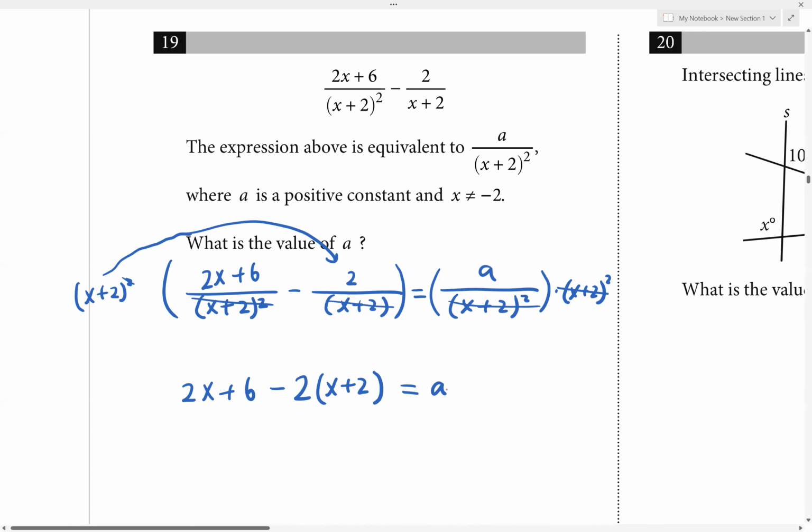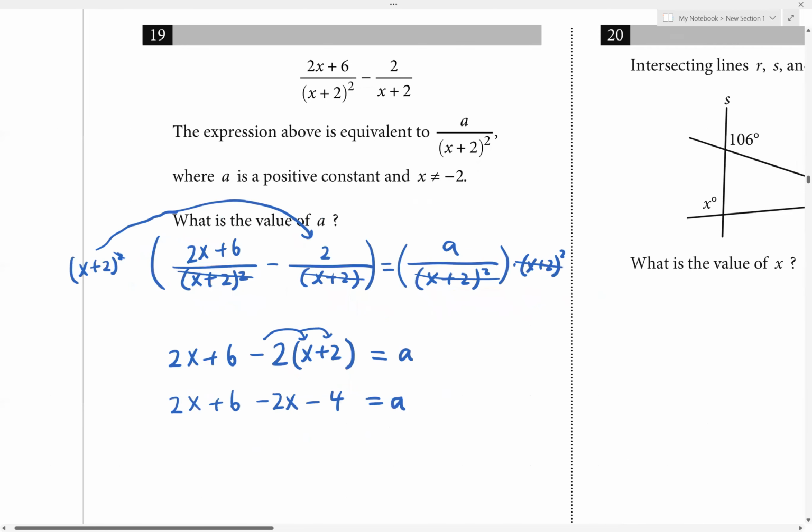Our goal here is to solve for a. It seems like we have another variable, x, and we don't know what x is, but let's distribute the -2 and simplify a little and see what happens. We have 2x plus 6. -2 times x is -2x, and -2 times 2 is -4, equals a.